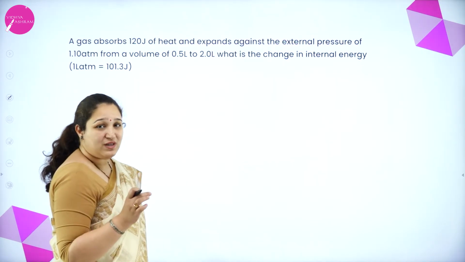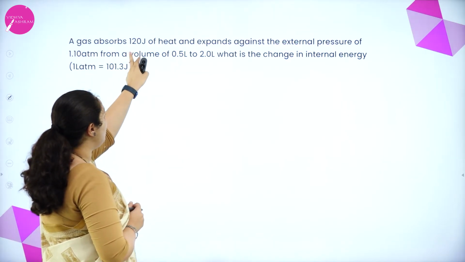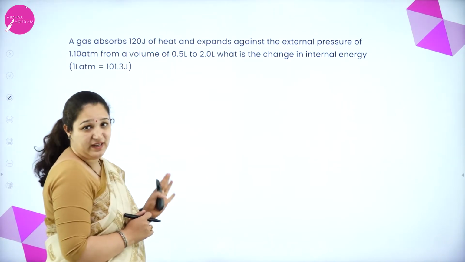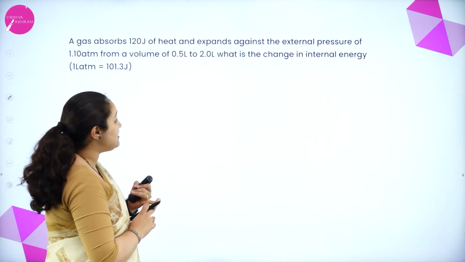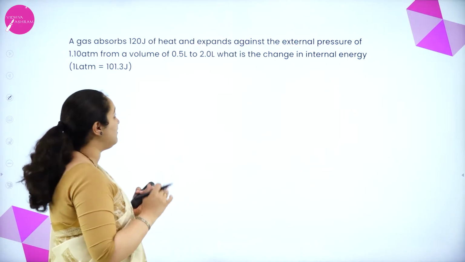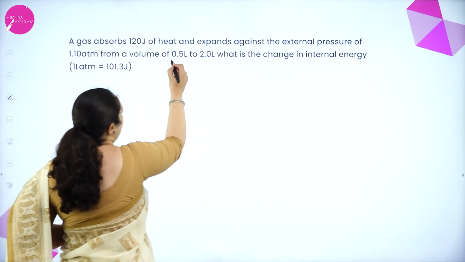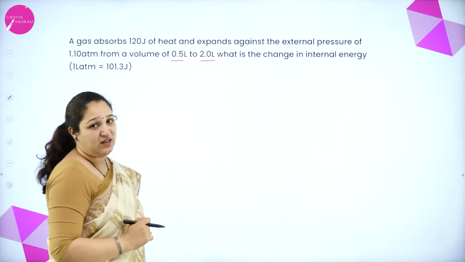Okay, so what is given? The gas absorbs 120 joules of heat, and it expands against the external pressure, from 0.5 liters to 2 liters. What is the change in internal energy?